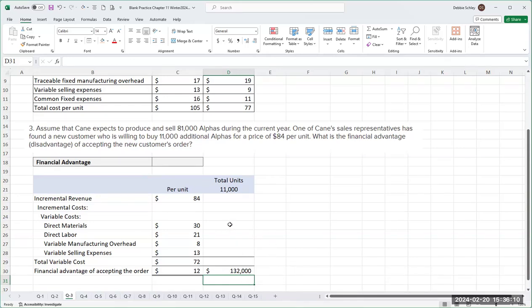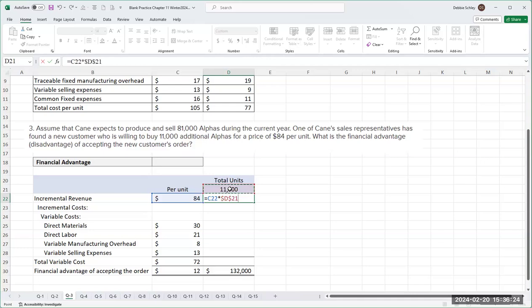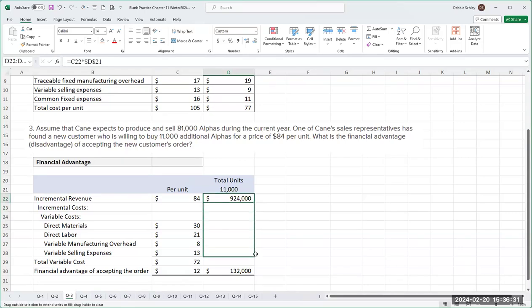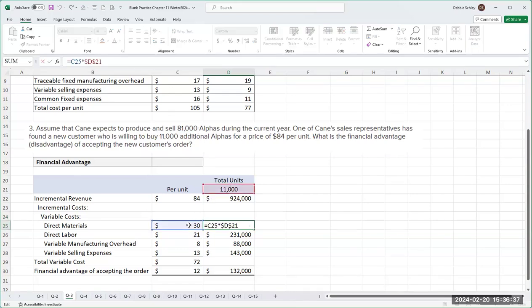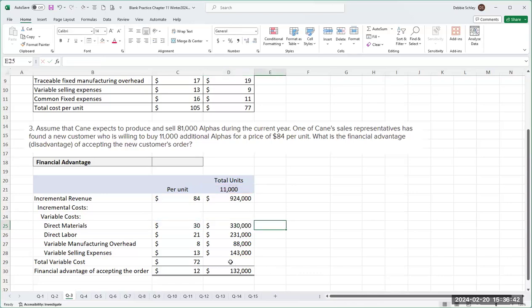The other way I could have got to that same answer would be to take, let's start with the sales, take the sales times the per unit, and if I anchor that, and we'll do some subtracting here in just a second. I can drag that formula down. So essentially what I did was took each per unit cost times that number of units.